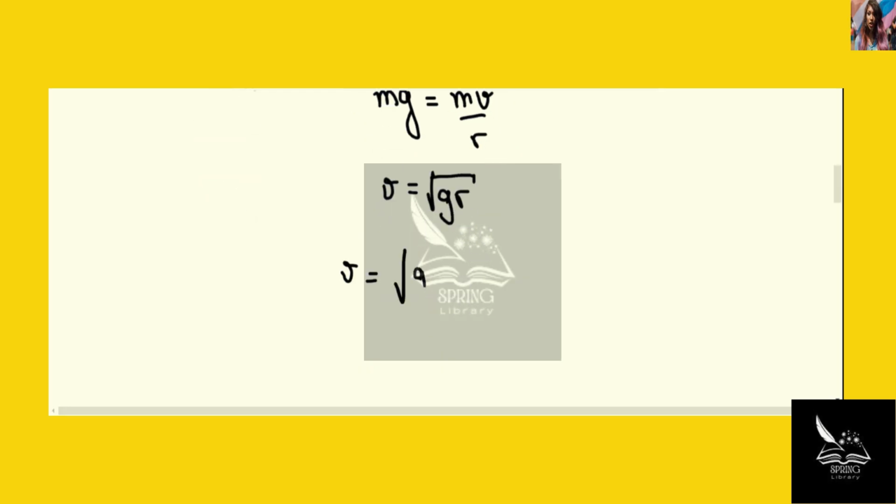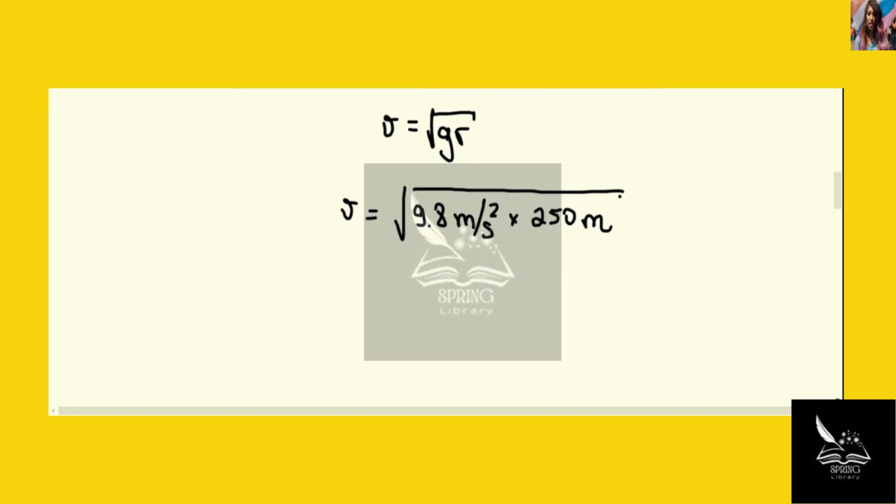Now g is 9.8 meters per second squared, while r is 250 meters. So the value of v is equal to 49.5 meters per second. So this is the maximum value of the speed of the car when it's about to leave the road.